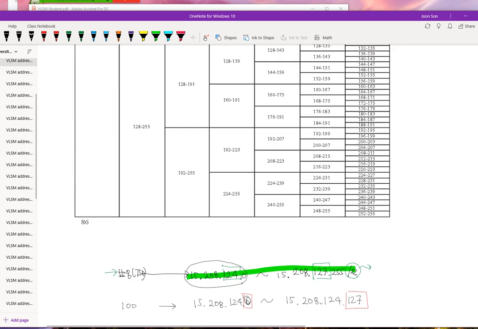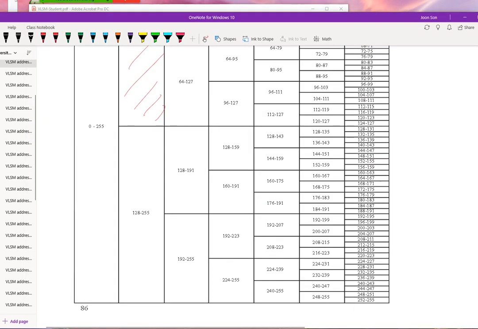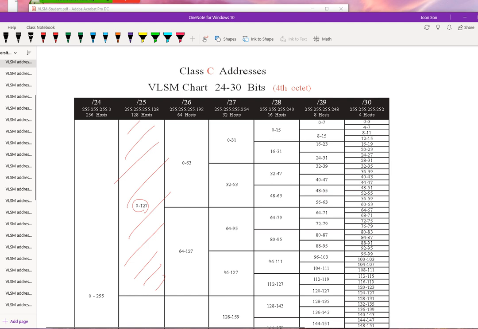So 127. Okay, and the next requirement is 55, right? With 55, /27 is too small, and /26 is the right size.